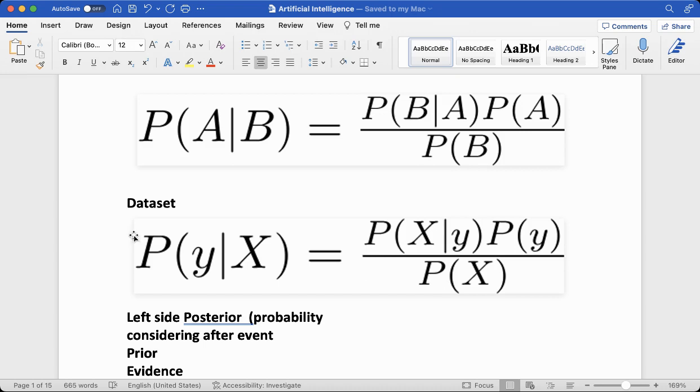The left side, P(y given x), we call the posterior probability. The right side, P(x given y), is called the likelihood. P(y) is called the prior. And P(x) is the evidence of the features.